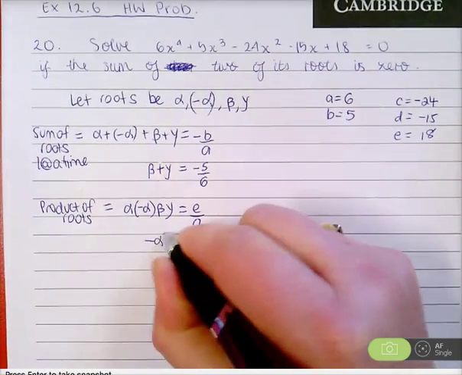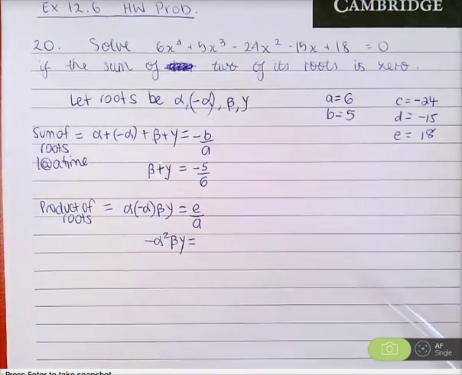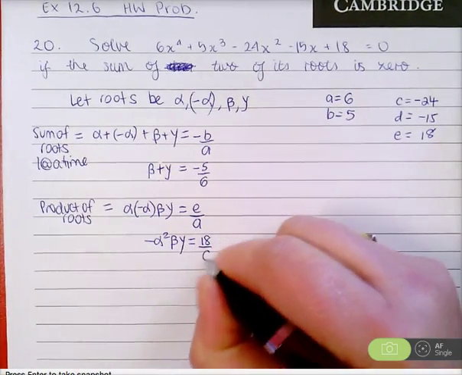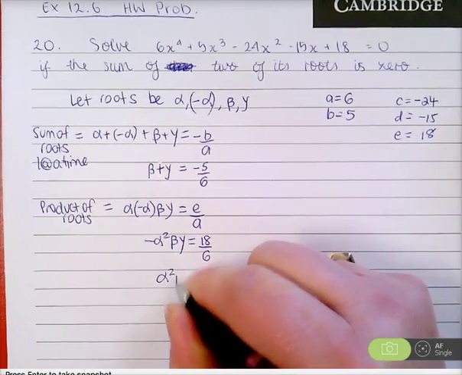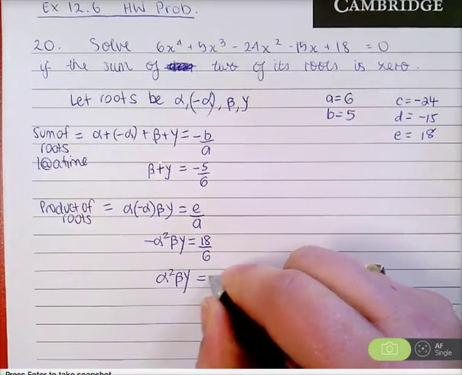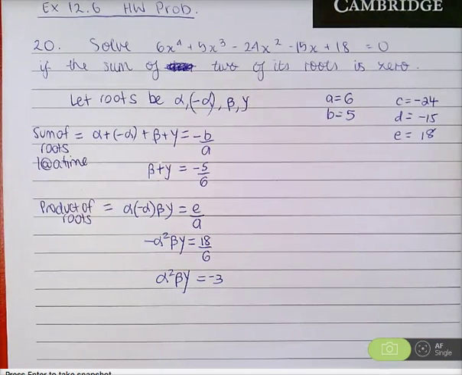Negative alpha squared times beta gamma is 18 on 6, which is 3. I'm going to take that negative to the other side. So alpha squared beta gamma is negative 3.